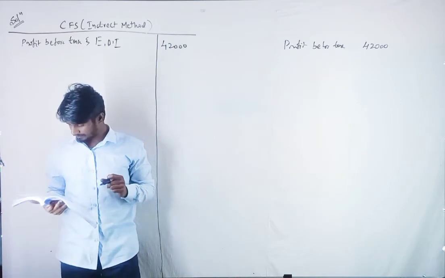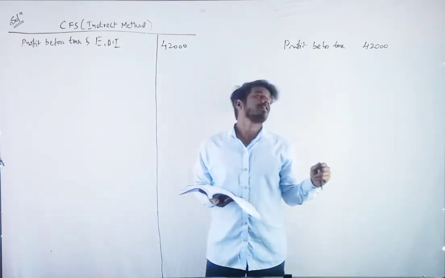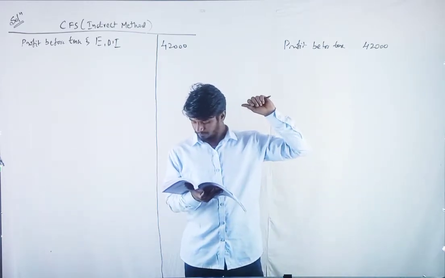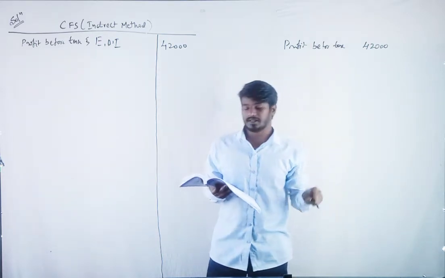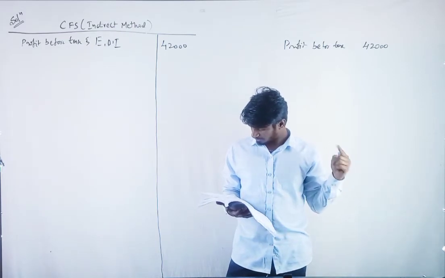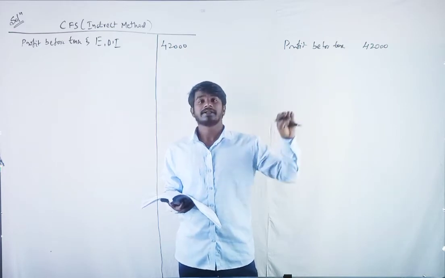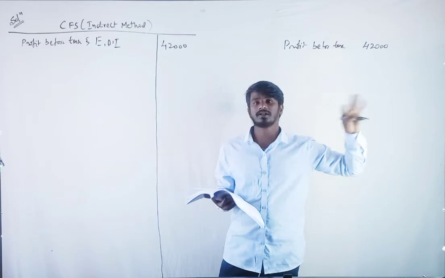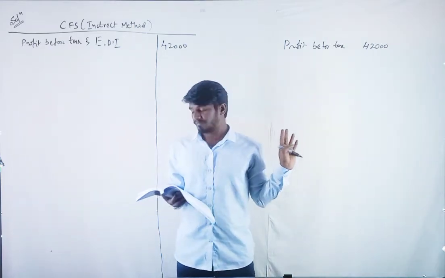Fine. Yes. Then what they have given, what we should take, which is non-cash and non-operating. If there is any non-operating or non-cash, we will add that to the profit, because it reduced our profit in the P&L, so that we will add to arrive at operating profit, right?